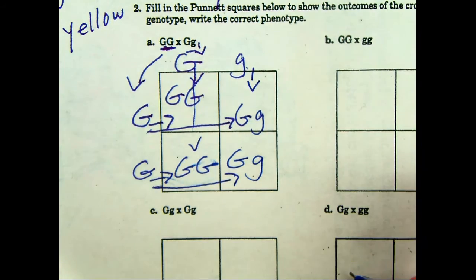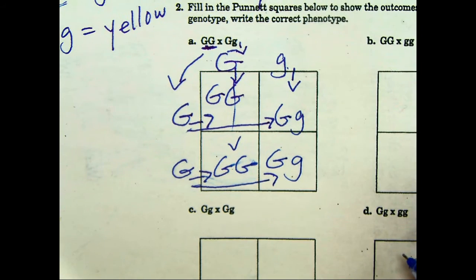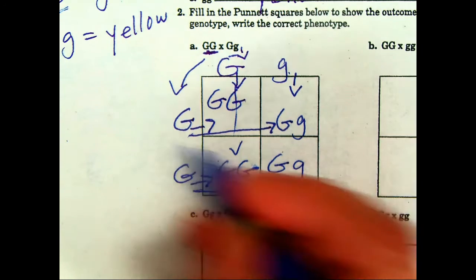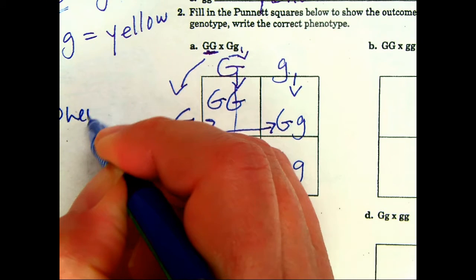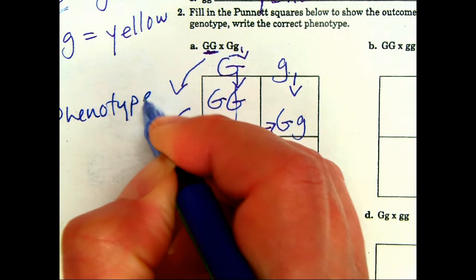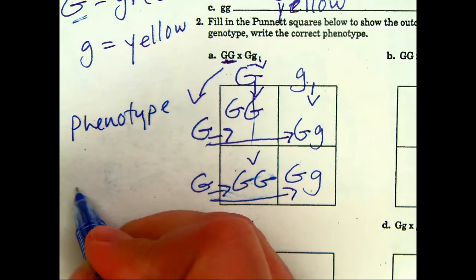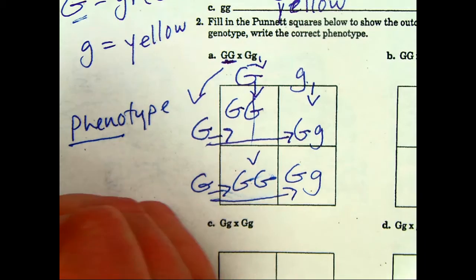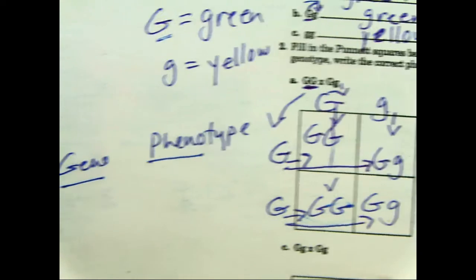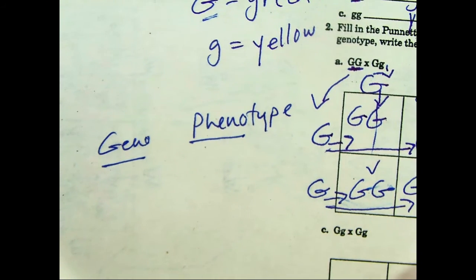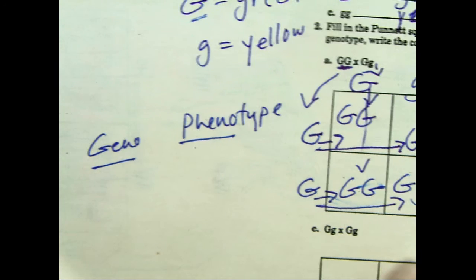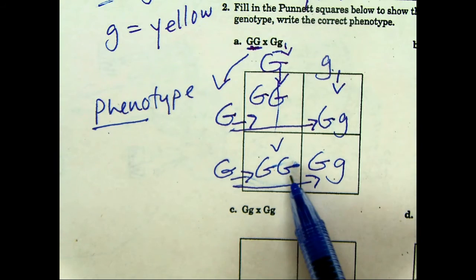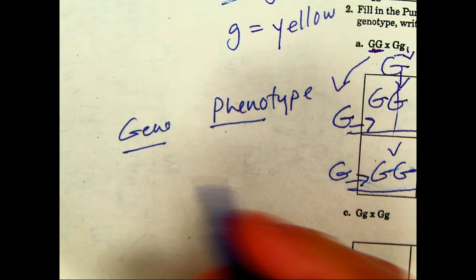So I want to show you real quick, we're going to look at the phenotype and the genotype. Okay, so geno and pheno. So the genotype of this offspring, okay, we have big G, big G, big G, big G. So we have two big G, big G's.